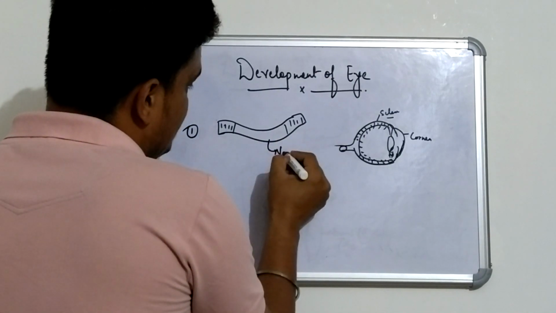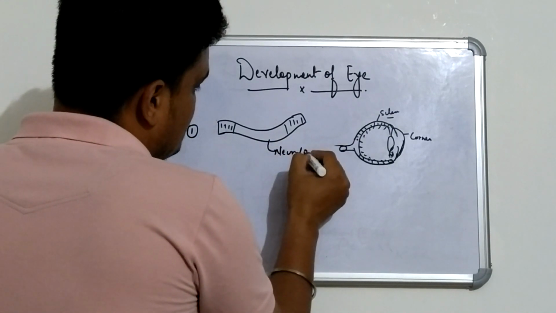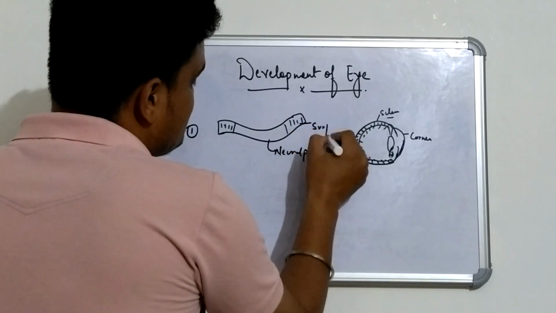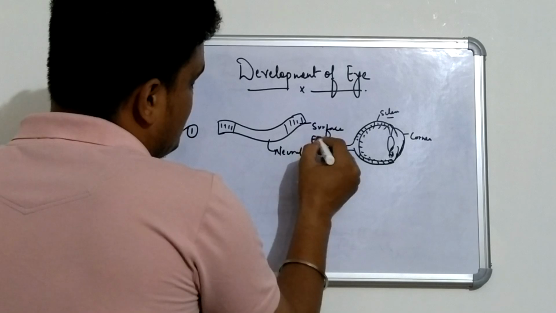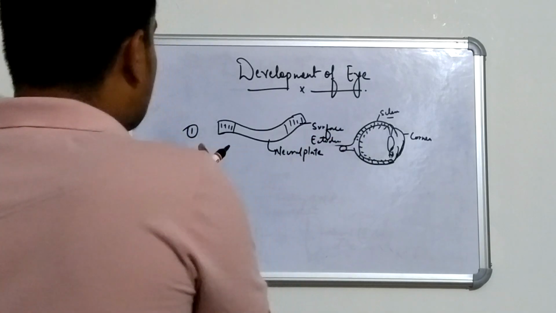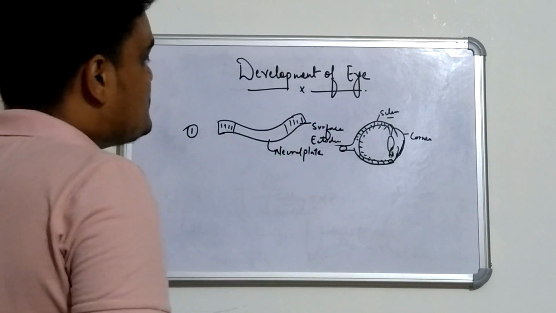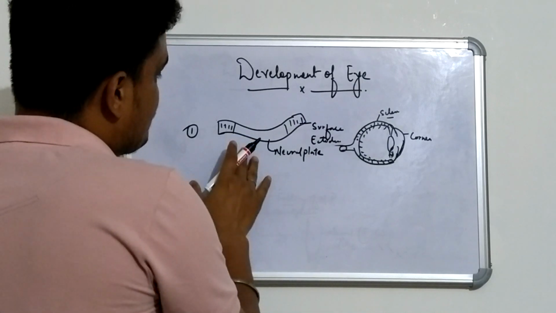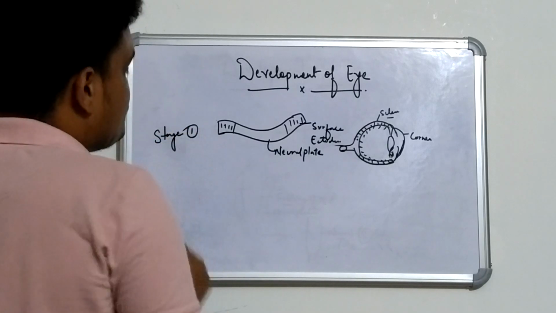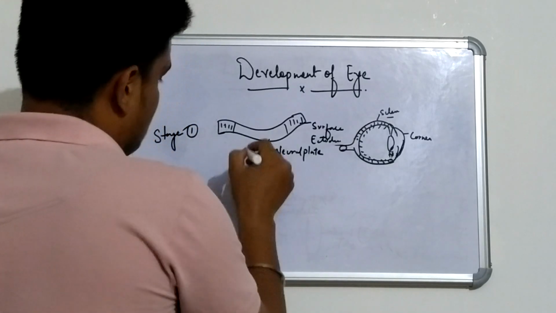So this is the neural plate which is formed, and this is the surface ectoderm. So the first and foremost thing in the embryological period is the neural plate formation.